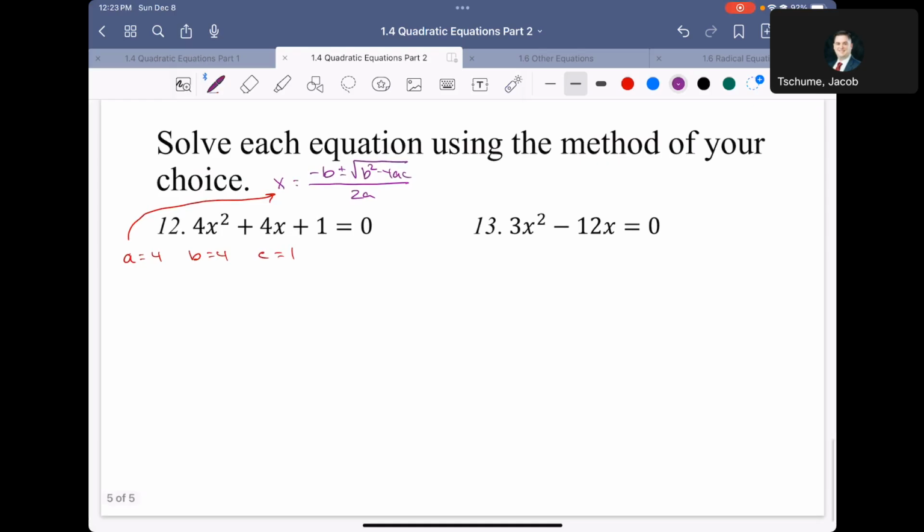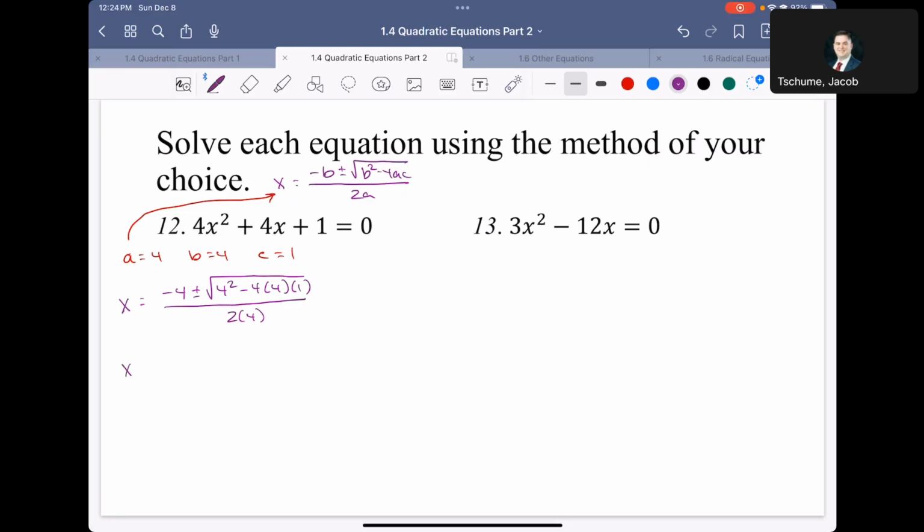So if I do that here, this would be x equals negative b, which would be negative 4, plus or minus the square root of b squared minus 4 times a times c, all over 2 times a.